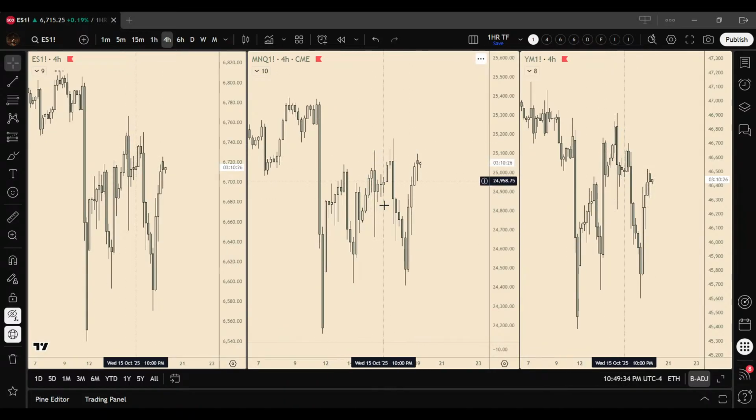Right now we just need to focus on a couple things. One of the things I wanted to point out with this lecture is this specific candle right here, because if you look on ES and Dow, this is in fact a precision candle. You have a down close here at this 6 a.m. 4-hour candle, while on NQ you have an up close. So by default, this is a precision candle.